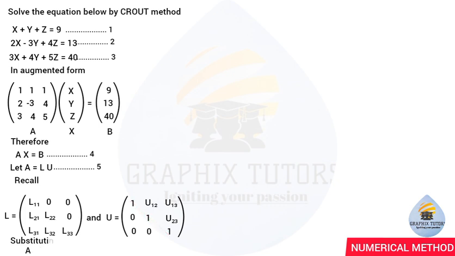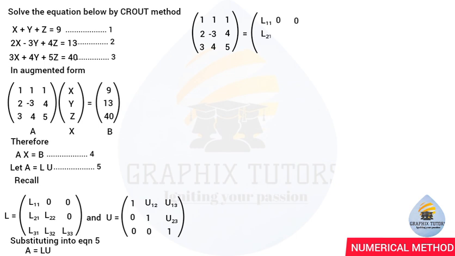So if we now substitute the given values into equation 5, for A, we're having 1, 1, 1, 2, minus 3, 4, 3, 4, 5, equals, for L, we have L11, 0, 0, L21, L22, 0, L31, L32, L33, right?